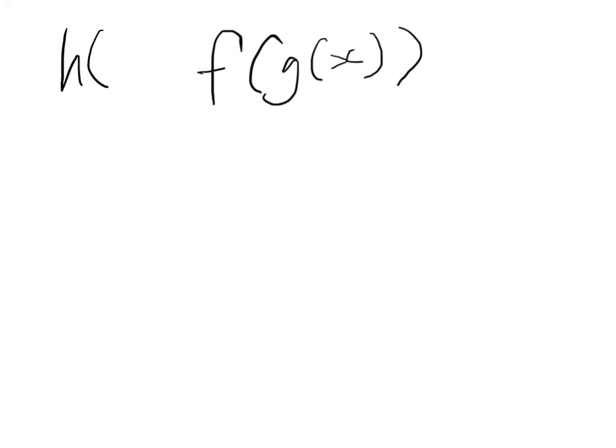Well, I'm going to write it out using the f of x notation, and then we're going to explain what it means. So if we've got f of g of x, and we're wanting to differentiate that, so let's call that h of x. All right.